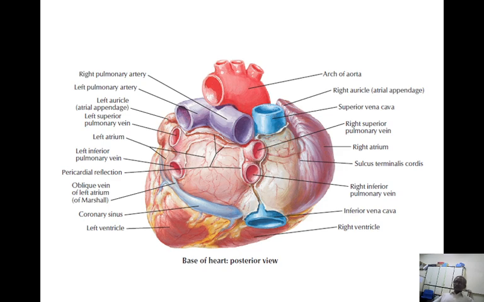Then we have the left coronary artery and its circumflex branch. Then the left border is formed by the two pulmonary veins on the left.